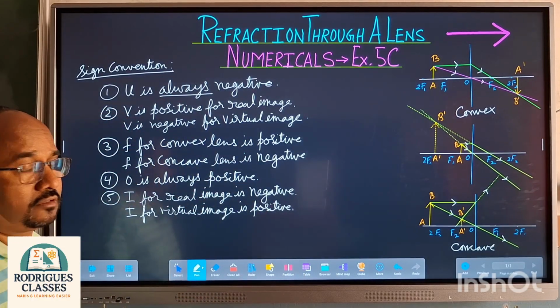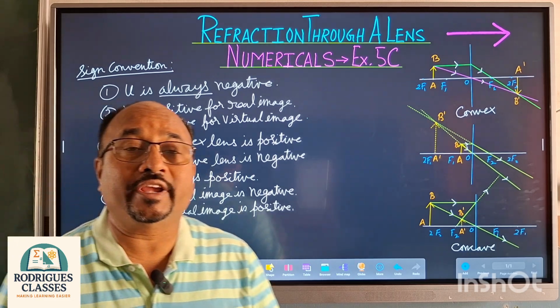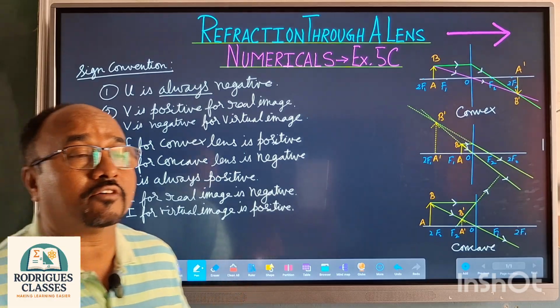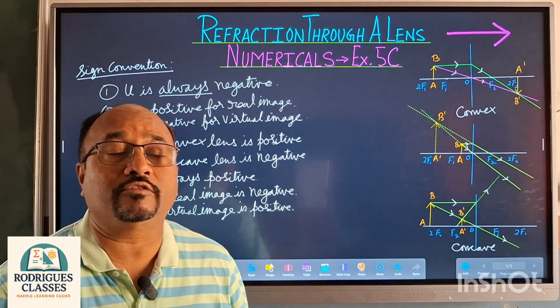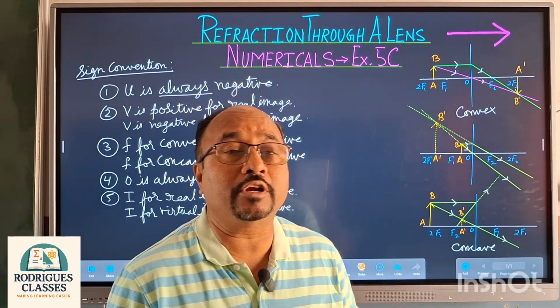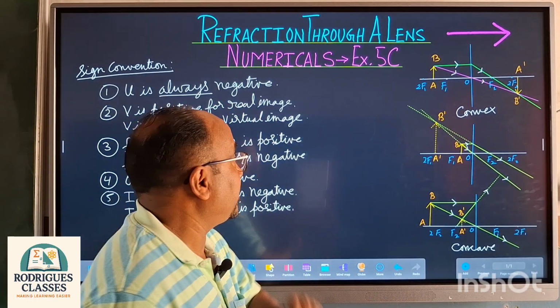Apart from this, a very important thing is the sign which you get for magnification. How do the sign and the value of the magnification decide things? This is a very, very important part to be understood. So pay attention properly and get it.